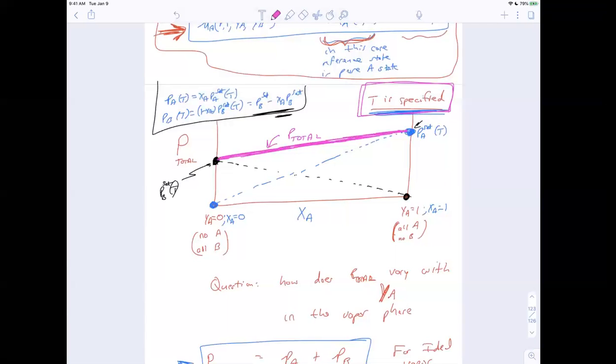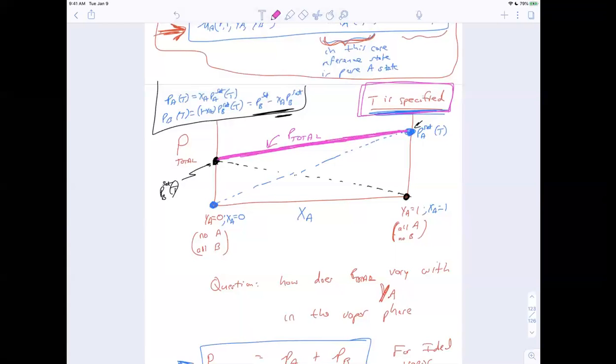We're left with one more degree of freedom. But once we specify temperature, the total pressure in our system is going to vary as a function of X sub A. That's the simplest way we can represent the total pressure because it turns out to be a line. Again, it's because we've assumed ideality of both phases. And that total pressure curve is this.